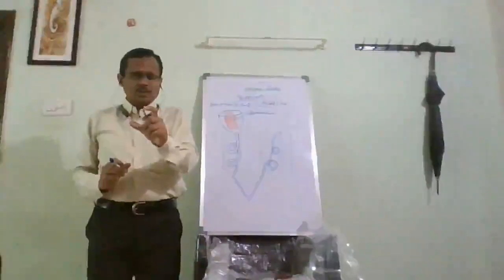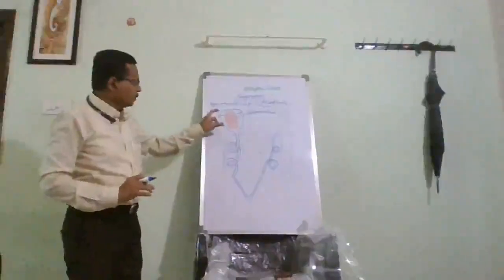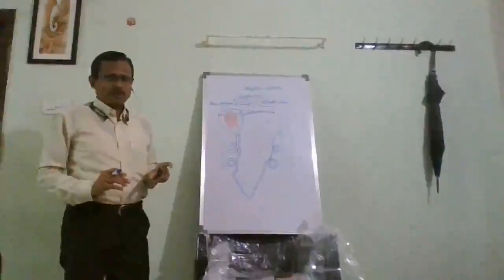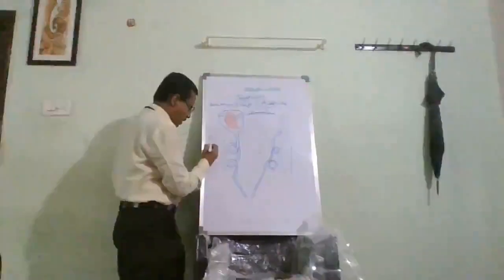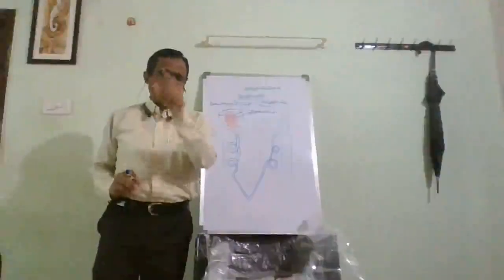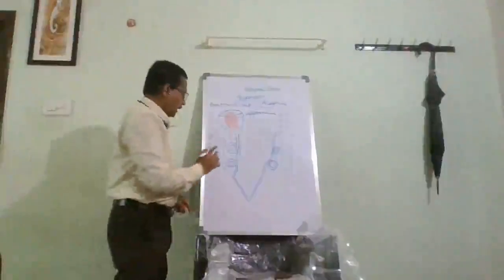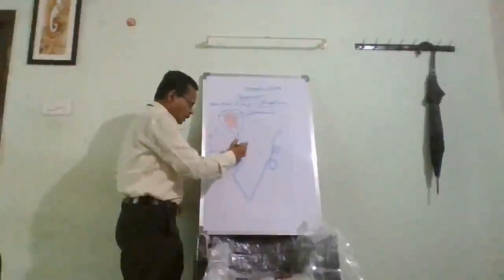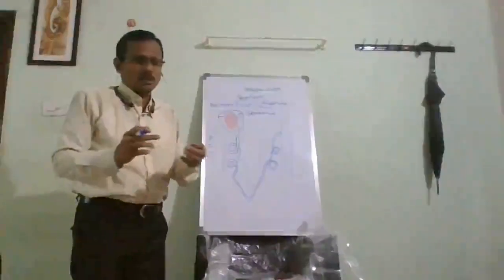So this concept of being nearer to the Bowman's cup gives this name proximal convoluted tubule, in short form PCT. And convolution means highly coiled, as I just said.